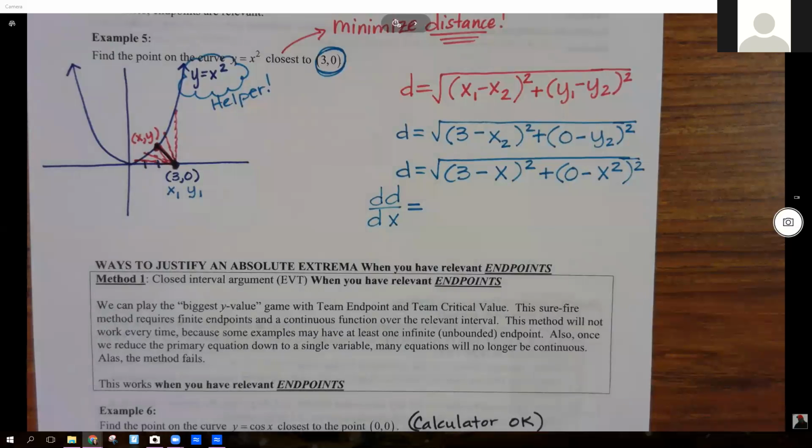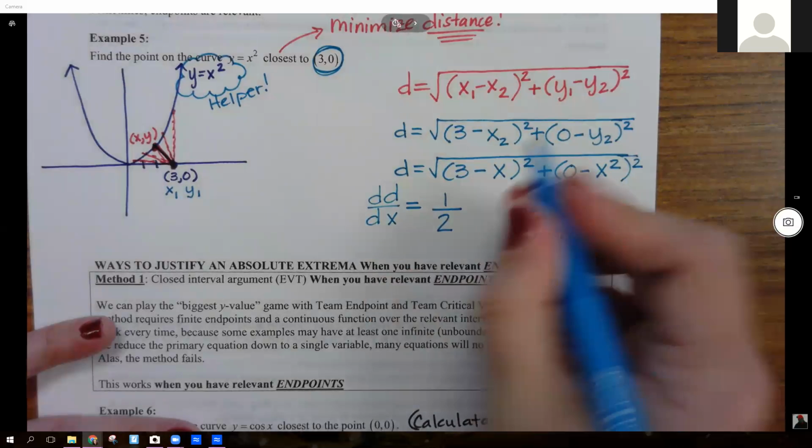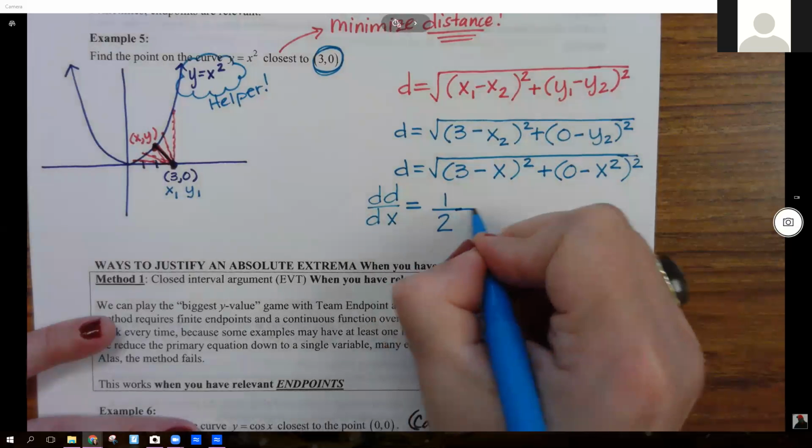Would it be like 1/2 and then you have everything under the radical to a negative 1/2?